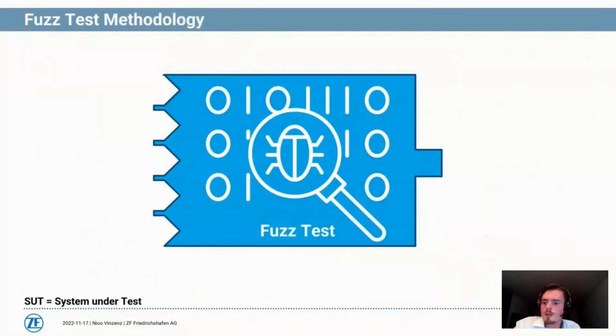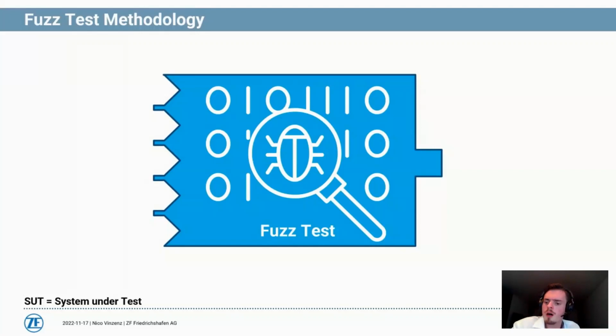Regarding the fuzz testing methodology, we should, within the specification, already decide which kind of methodology we want to apply to our product and its different cybersecurity assurance levels.